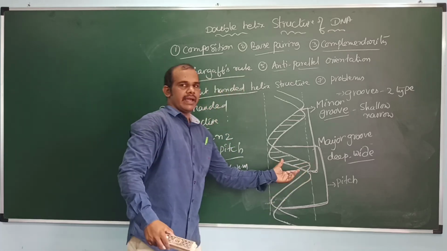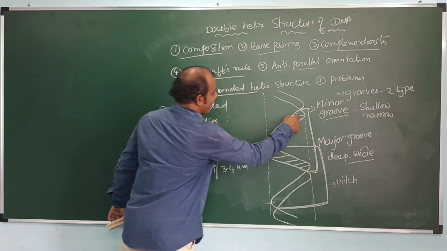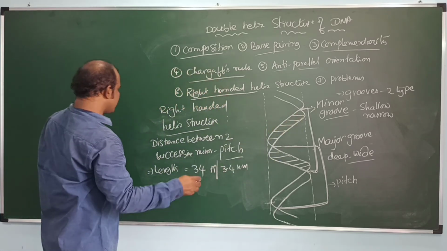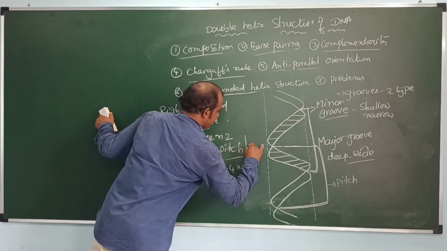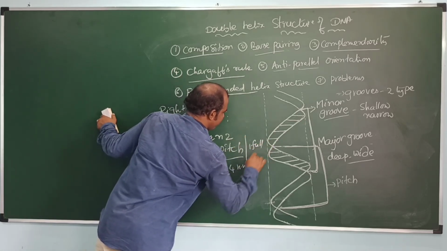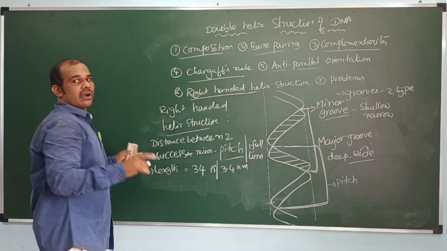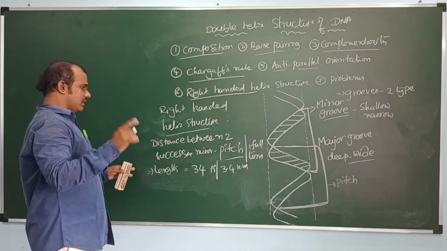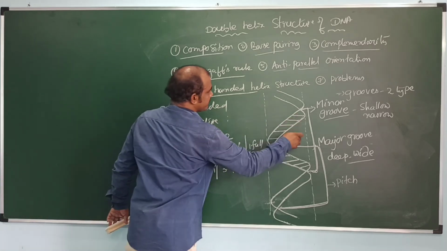This is the other half of the pitch. Thus, the pitch has 10 base pairs, and it is also called one full turn. Therefore, one full turn or one pitch has 10 base pairs.